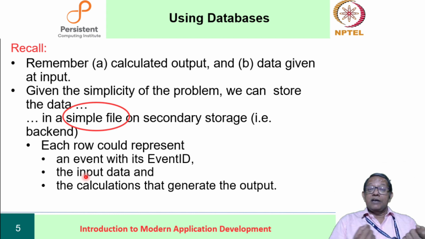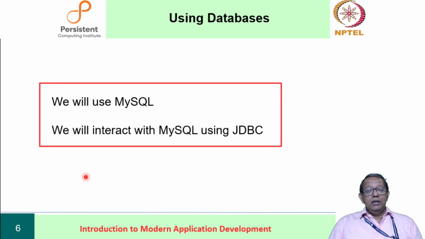There was input data for that event, and there were per head share calculations for that event. So we will now use MySQL as the database system that will work along with our HTTP server, and we will interact with the HTTP server using the Java Database Connectivity, JDBC.